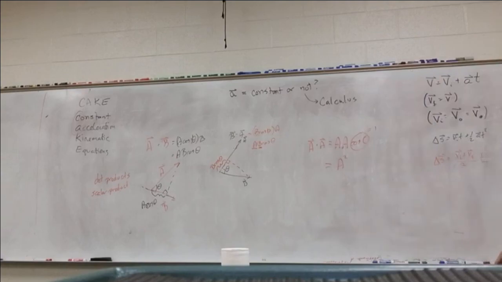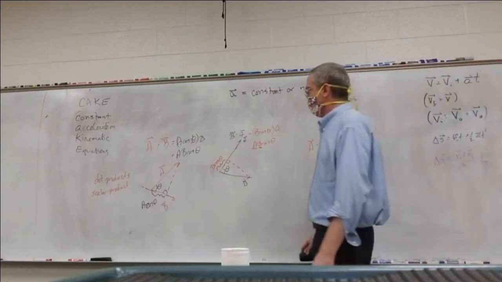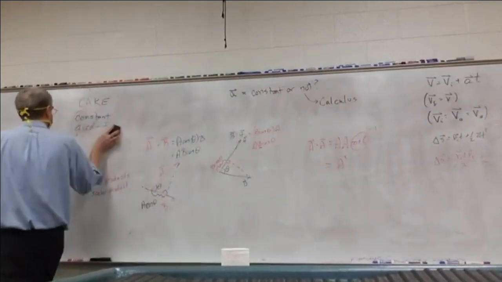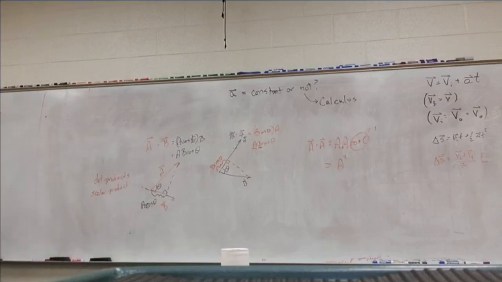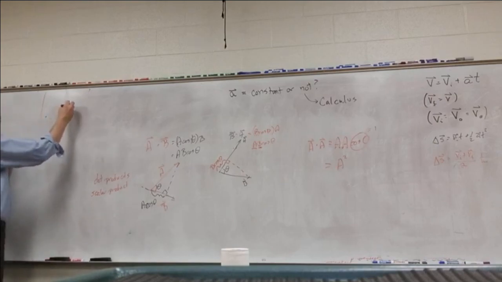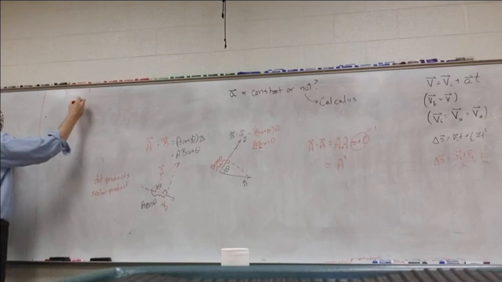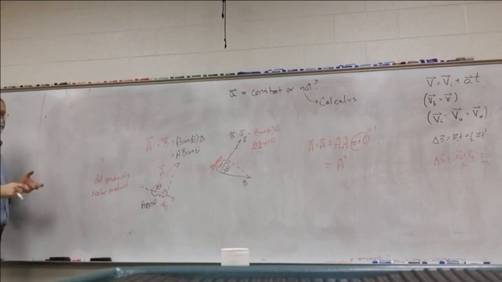And I think now we're ready to derive the fourth one. So I'm going to take my acceleration, and since it's constant, the instantaneous acceleration and the average acceleration are the same thing.